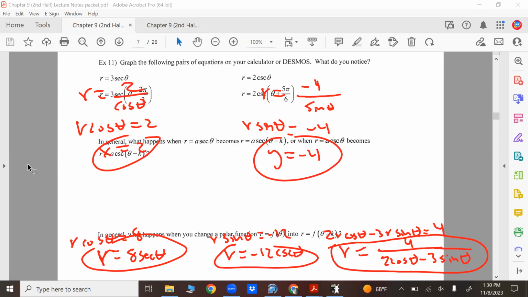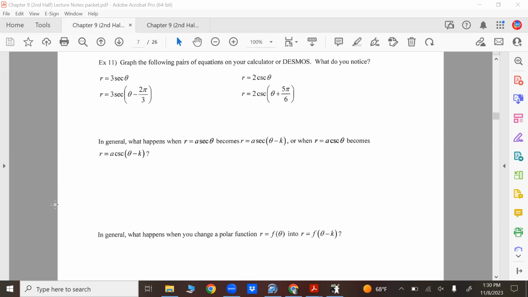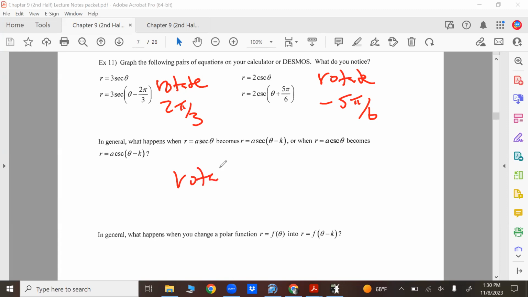Example 11. All right. So now we know what's happening, right? We know this is a rotation. That's rotate 2 pi over 3. That's rotate negative 5 pi over 6. It's the same thing. So you just rotate by k.